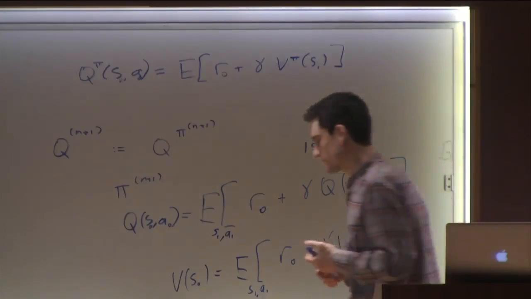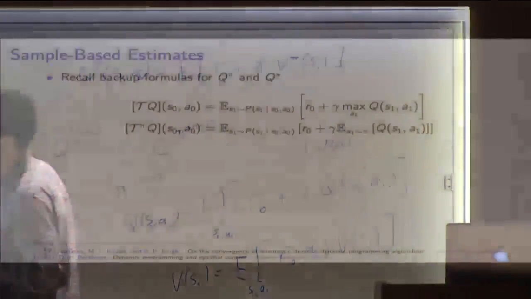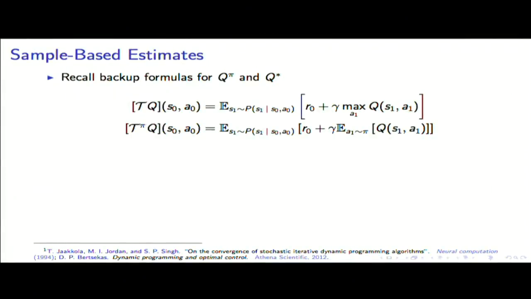So let's first start off with the Bellman backup formulas. We've got these two Bellman backup operators. One of them is what we use to find q pi, and the other one is what we use to find q star. If we can apply these formulas, then we're in good shape, because we can estimate q pi by applying T pi over and over again, and then we can do something like policy iteration.